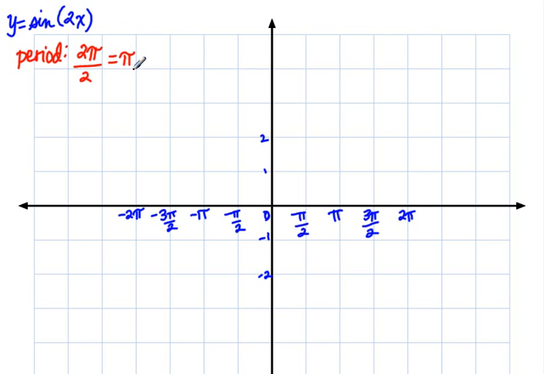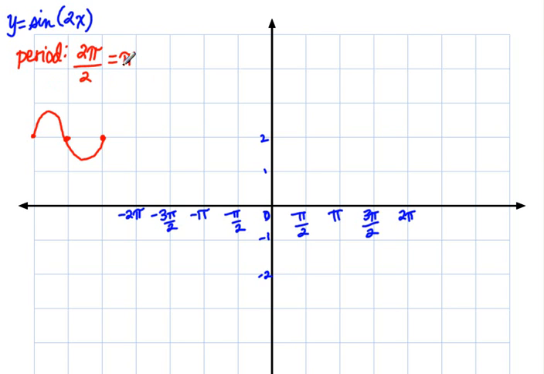Now, once you know the period, then what you want to do is think about those key points that are on the graph of sine. Sine normally looks like this, right? It starts at a 0, goes up, down, and back up. So at its beginning, middle, and ending point, it reaches a 0, and then between the zeros it reaches a maximum and minimum. So we need to reflect that on the graph in just pi units.